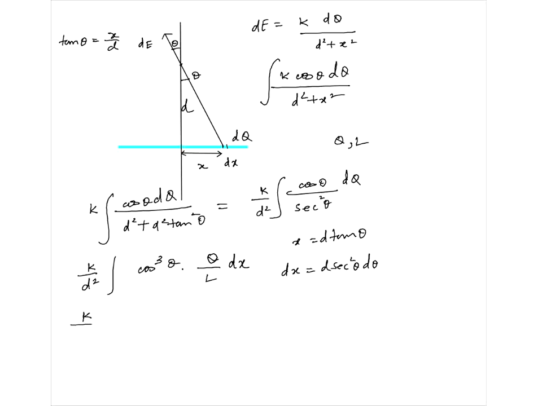So k by d square, Q outside, L outside, cos cube theta, and dx is d sec square theta d theta. Up to this point, if you have any questions, then let me know.